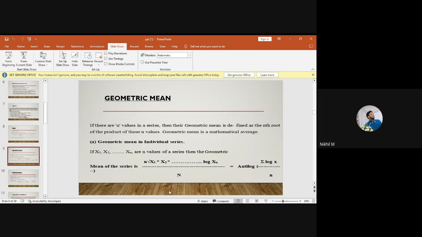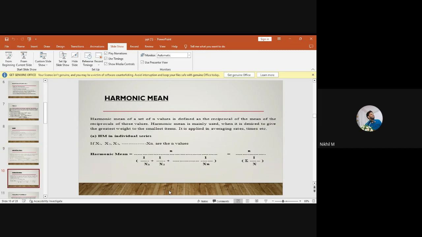So in discrete and continuous series, the equation is antilog of sigma f into log x divided by n. The next is the harmonic mean.